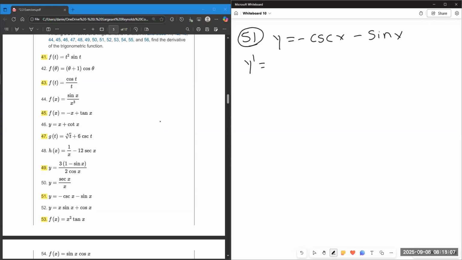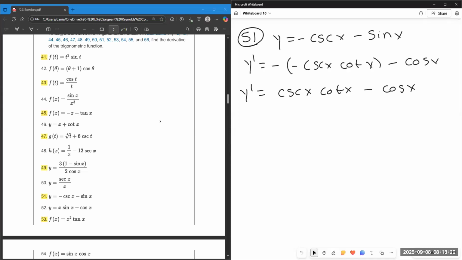So y prime is a negative, and then derivative of cosecant is a negative cosecant cotangent, and then derivative of sine is cosine. So y prime is a positive cosecant cotangent minus cosine. And I'm just going to leave it like that. There's no nice way that I can see to simplify that. Let's look now at number 53.